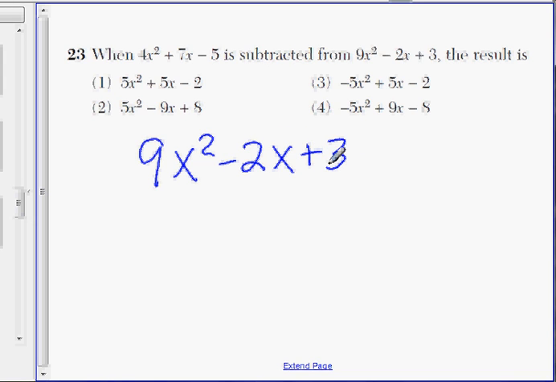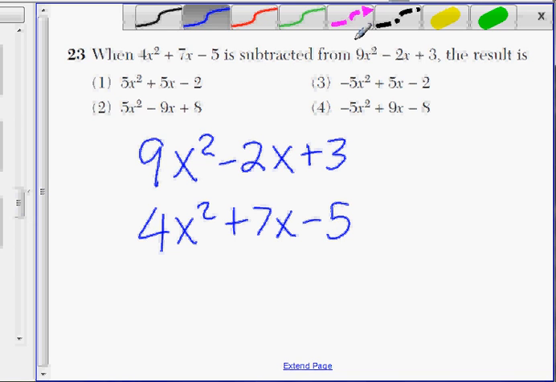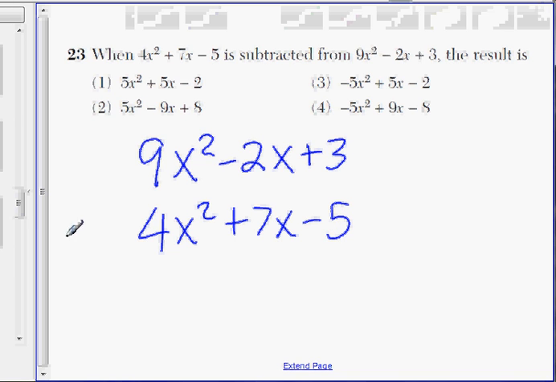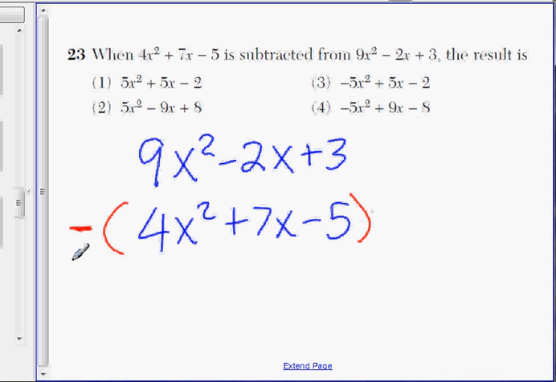And from here, we are subtracting 4x squared plus 7x minus 5. Let me use a different color so you can see that I'm subtracting the entire thing, the entire bottom part.